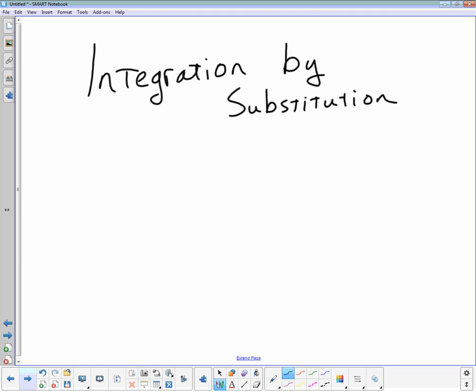For example, I'm going to start with some good examples here. First of all, if we look at some function that I'm planning on integrating, we haven't really paid a heck of a lot of attention to this guy.